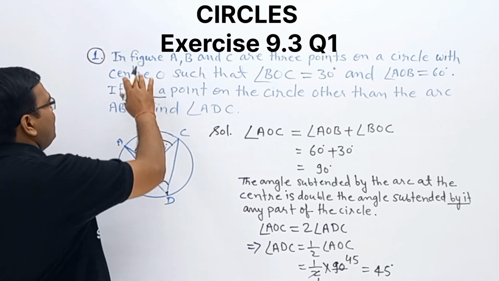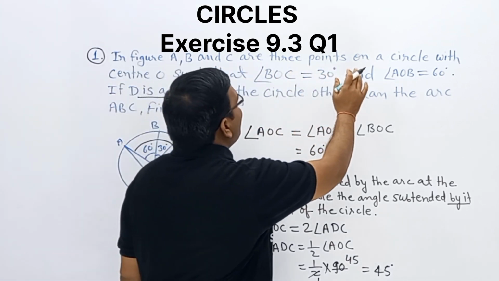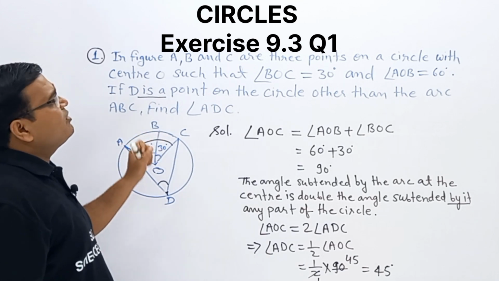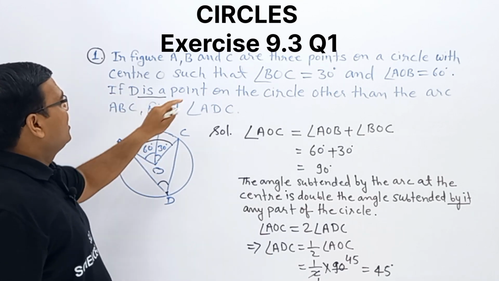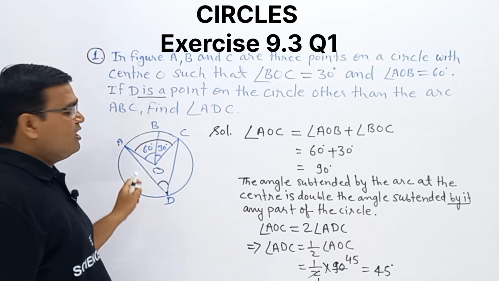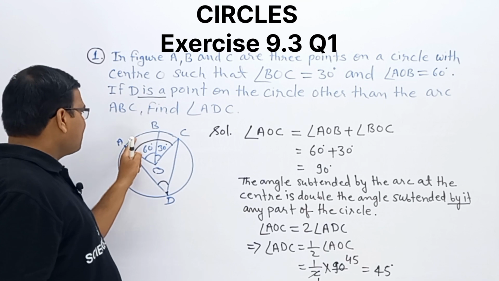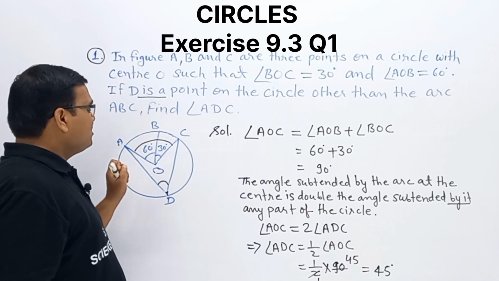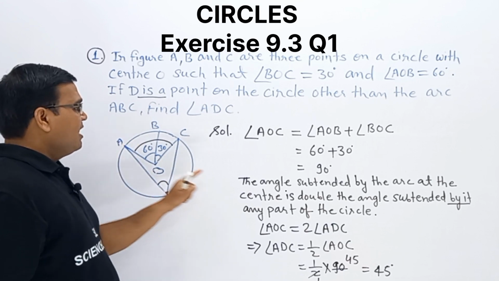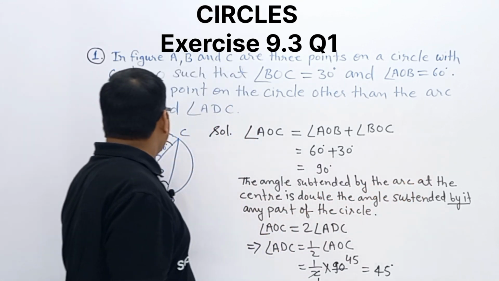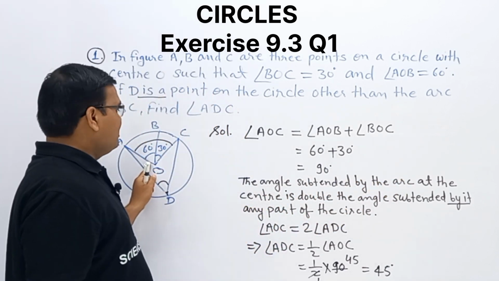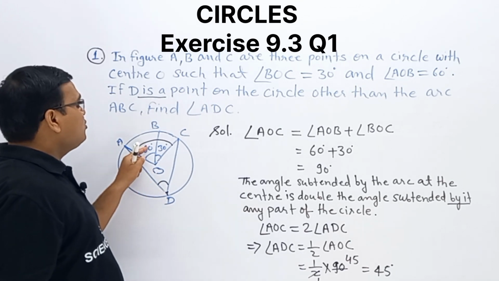Observe again. In the figure we have arc ABC and these are 3 points on a circle with center O. Angle BOC is 30 degrees, AOB is 60 degrees. So the angle subtended by this arc at the center is 60 plus 30, 90 degrees. The angle subtended by the arc ABC at the center is 90 degrees, and at any other part of the circle it will be half of this.